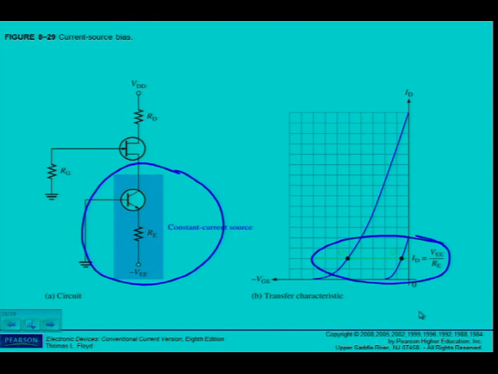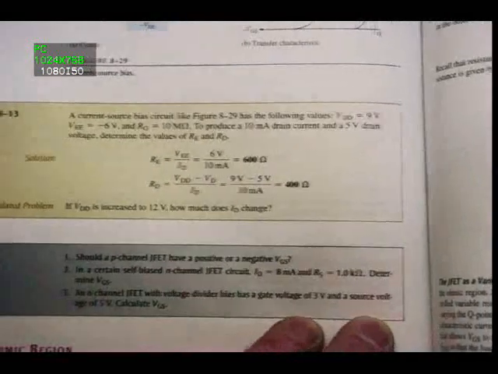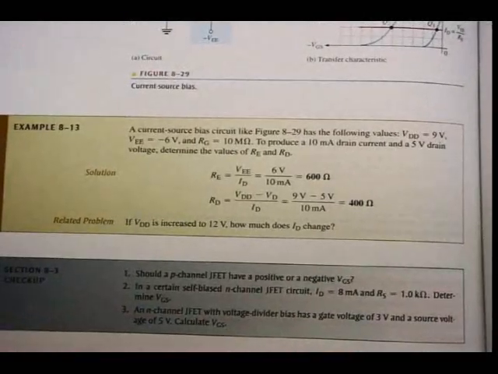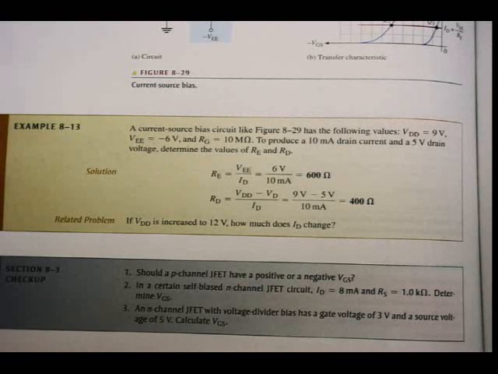Alright, then example 8.13 on page 392, just doing some calculations to calculate the resistor values. A current source bias circuit, like in figure 8.29, has the following values: VDD is 9 volts, VEE is equal to minus 6 volts, and RG is equal to 10 megaohms.